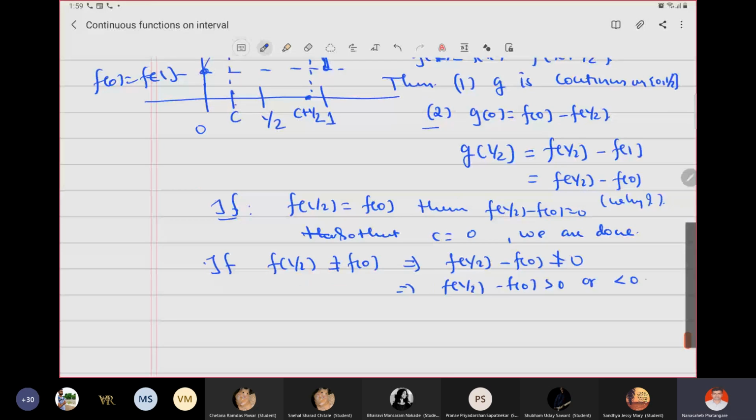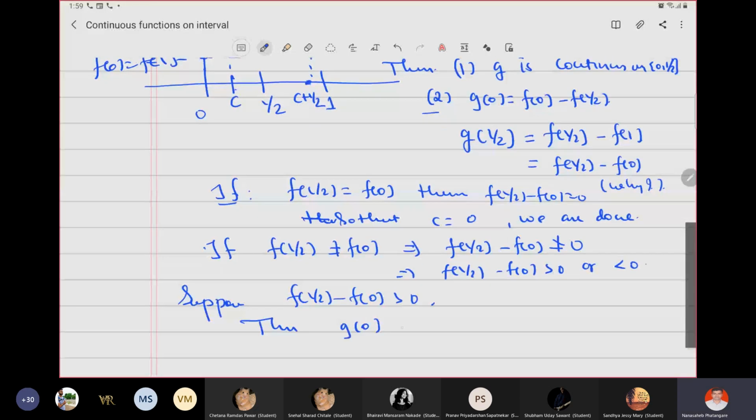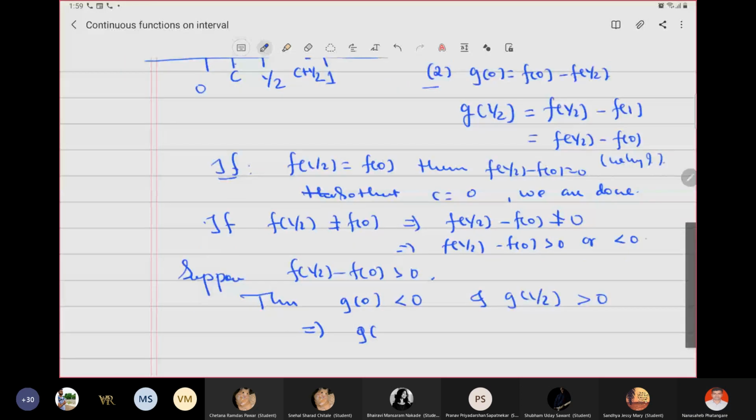Suppose f of half minus f of 0 is positive; you can assume either one. Then g of 0 is positive, and g of half is negative. Is it correct? Yes, sir.